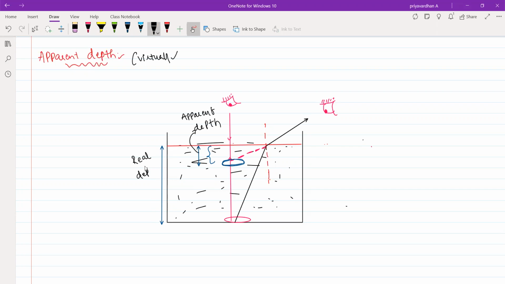We can always have a formula for real depth as well as apparent depth. You can make a statement out of it. Apparent depth, even if they are asking in your board exam, you can mention it as real depth by refractive index. Real depth divided by refractive index.